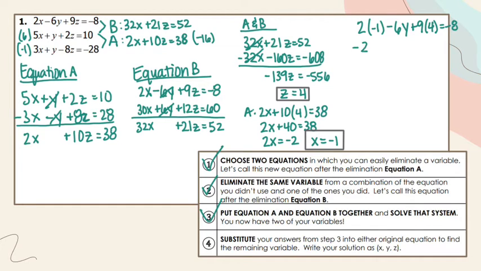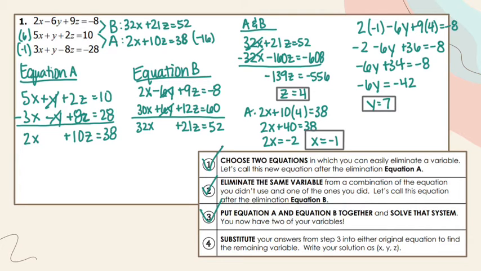So negative 2 minus 6y plus 36 equals negative 8. Negative 6y plus 34 equals negative 8. Subtract 34 from both sides to get negative 42, and y is going to equal 7.